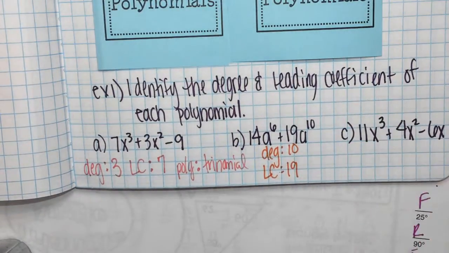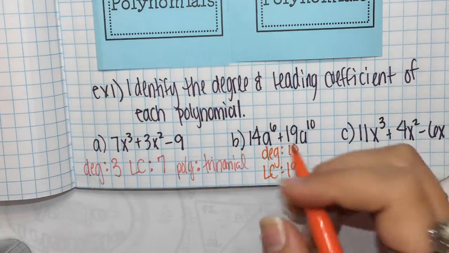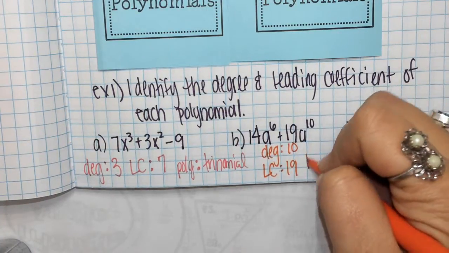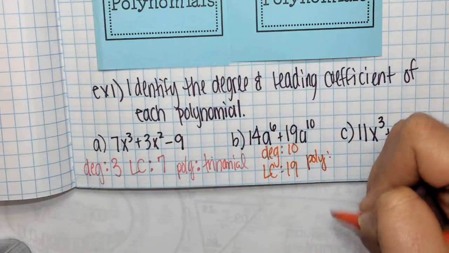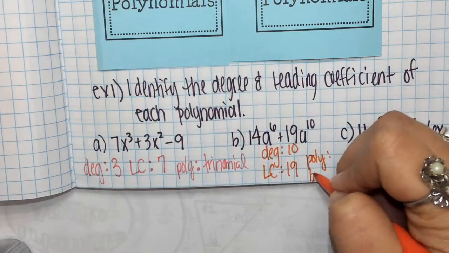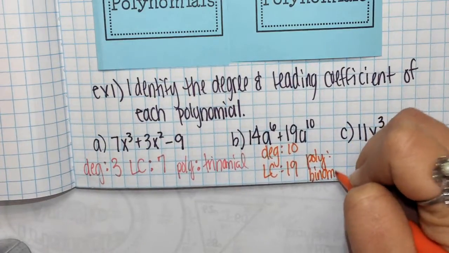Take a point. Why is it 19 and not 14? Because 19 is higher. No, because it has a bigger, a larger exponent. Has the bigger exponent. Good. Take a point. And what kind of polynomial is this? A binomial. Because how many terms are there? 2.